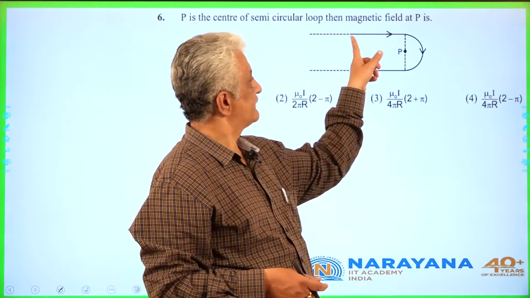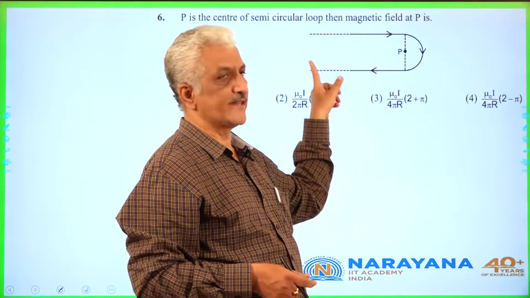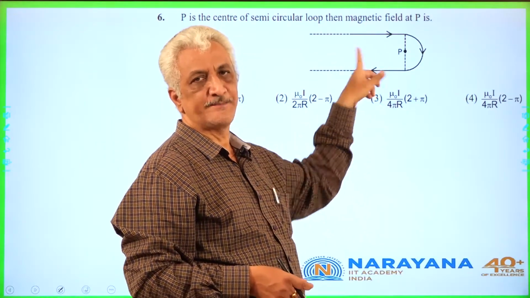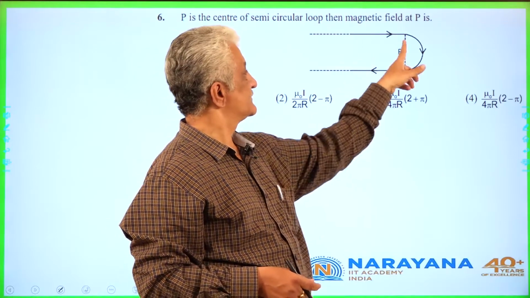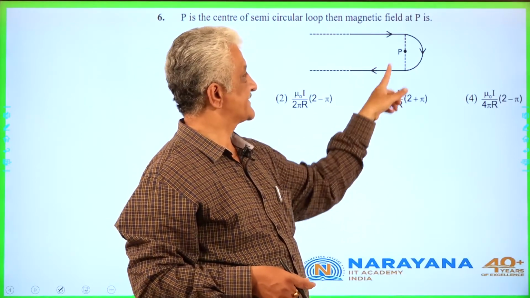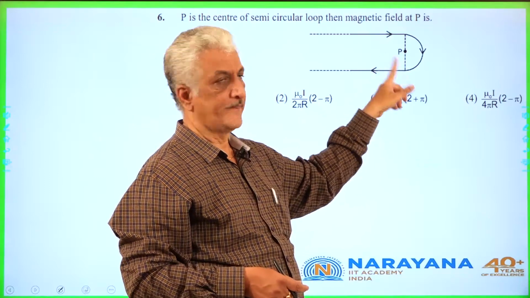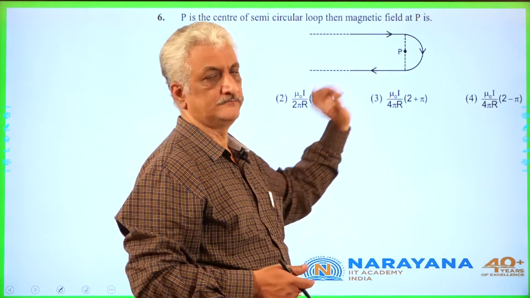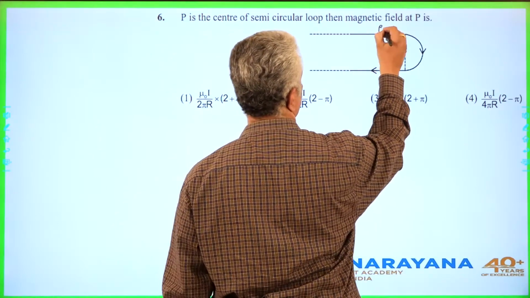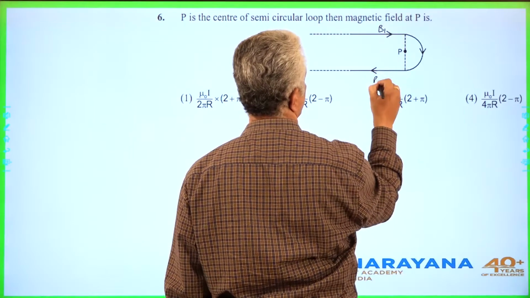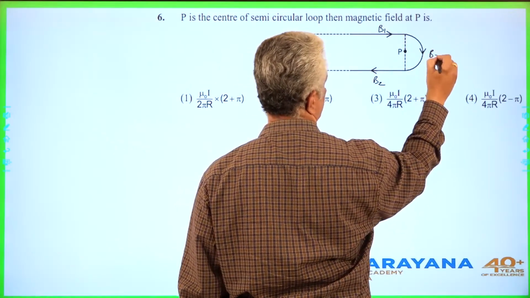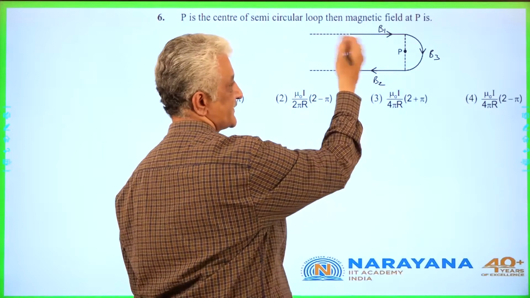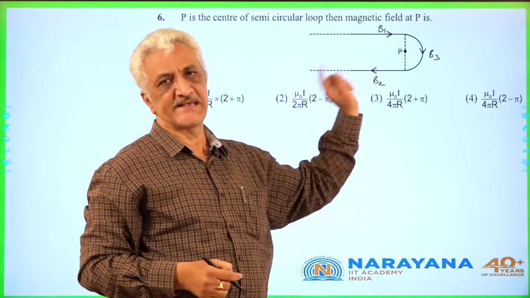In the sixth one, a loop is given like this, and we can divide it into 3 parts: 2 straight infinitely long conductors, where the point is an end point, and the other is a semicircle. If we call them B1, B2, B3, as current is in the same direction, all B values will be in the same direction.